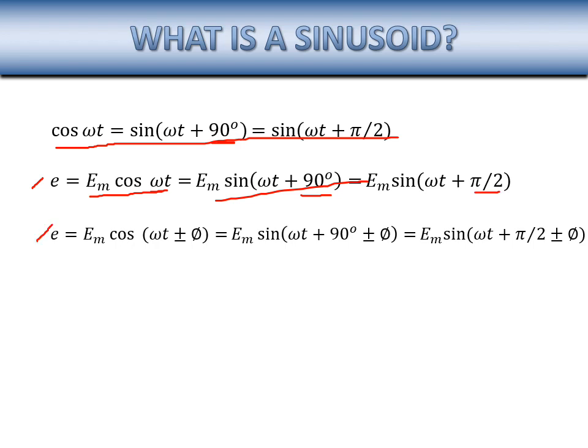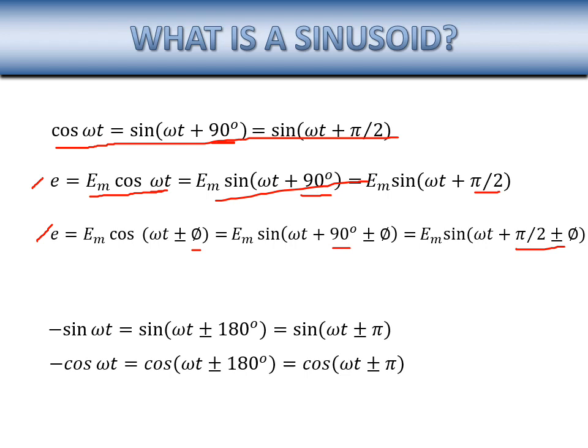If the cosine expression already has a phase angle, once expressed as a sine function, we again need to adjust by adding plus 90 degrees to the phase angle.